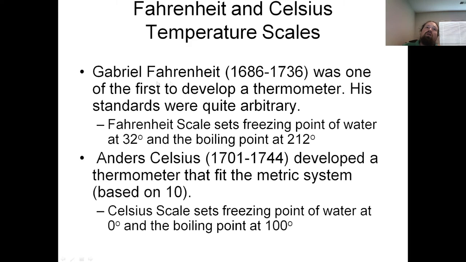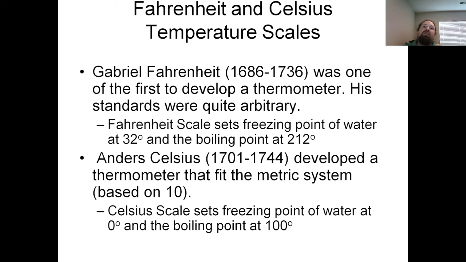Not much longer after Gabe invented the Fahrenheit scale, though, a different man named Anders Celsius invented the Celsius scale. And the reason he did that is very specifically because the Fahrenheit scale is kind of weird, and he wanted a more regular, more uniform scale to use instead.